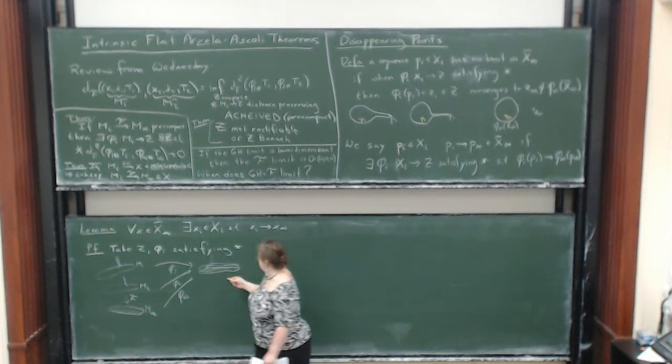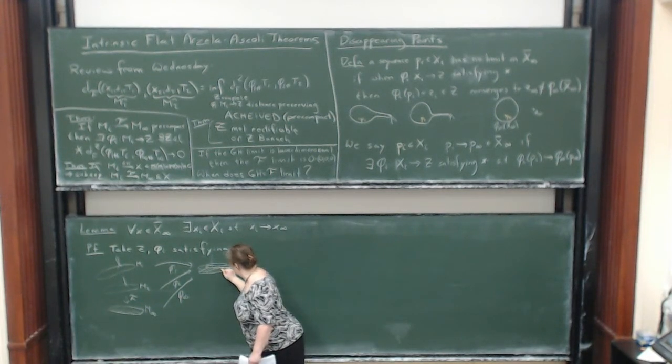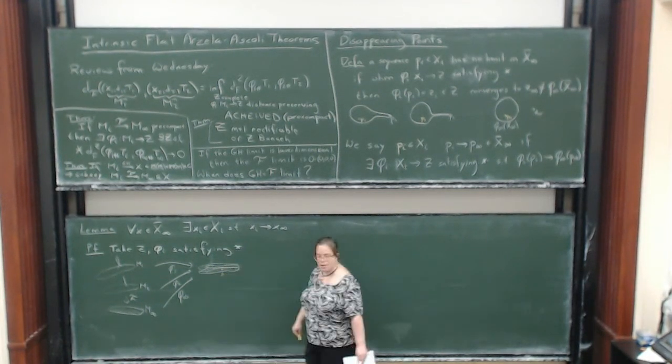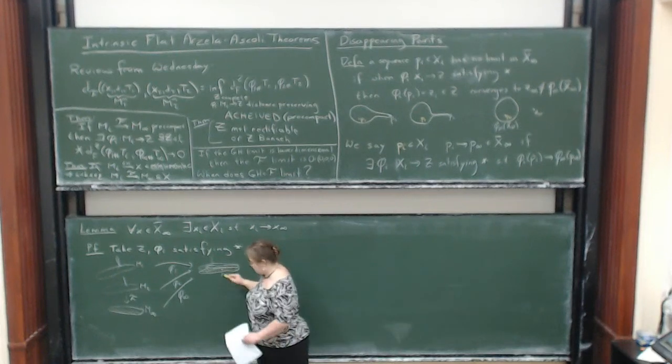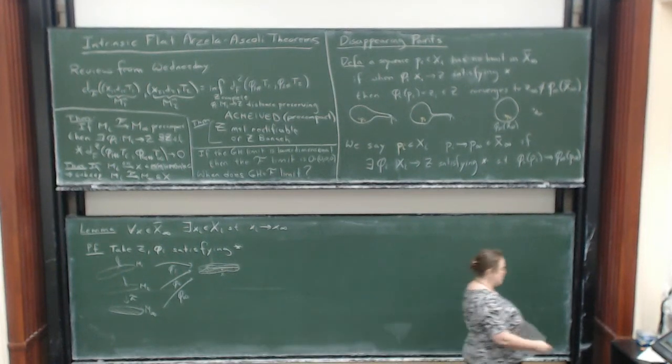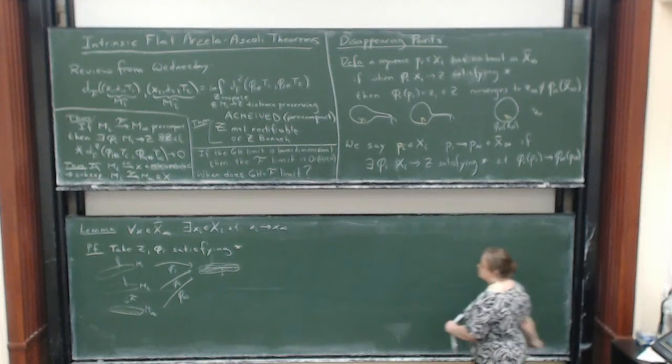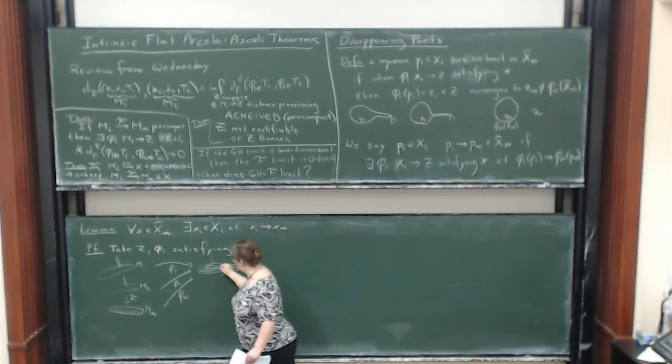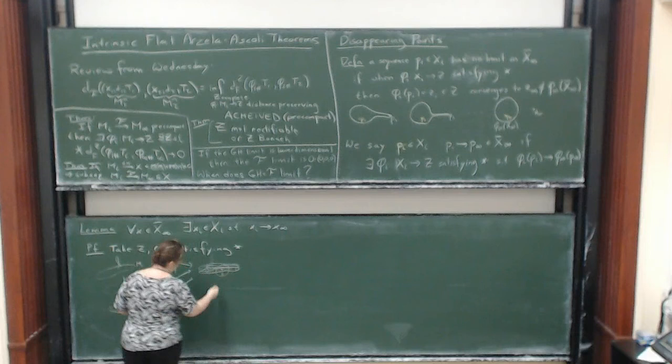And now you take your x here, and you make a ball around this x. So this is phi of x.